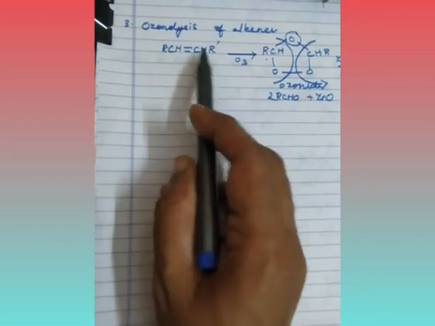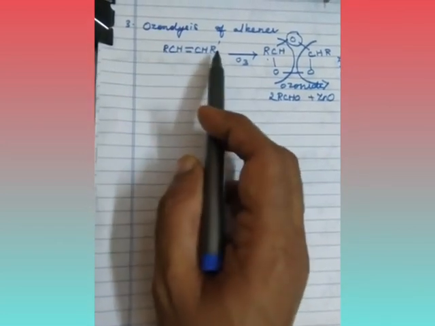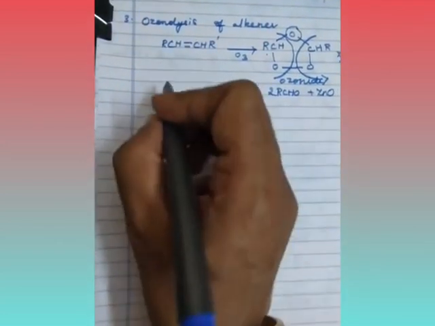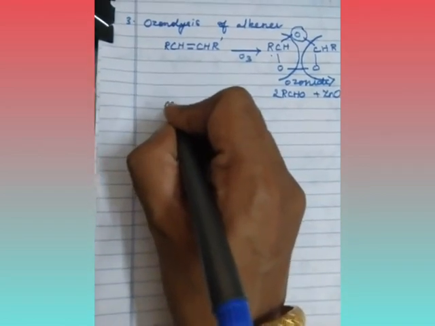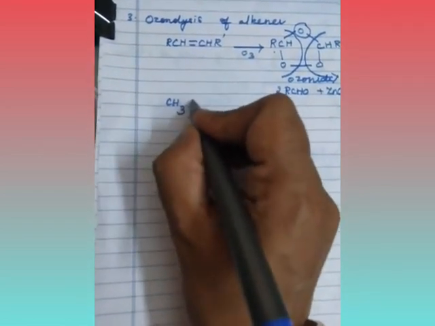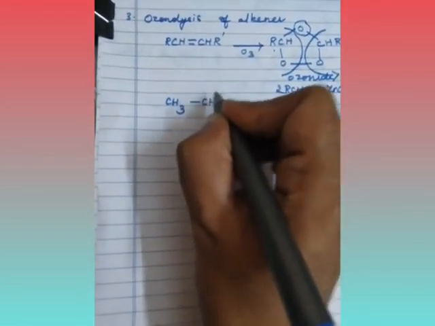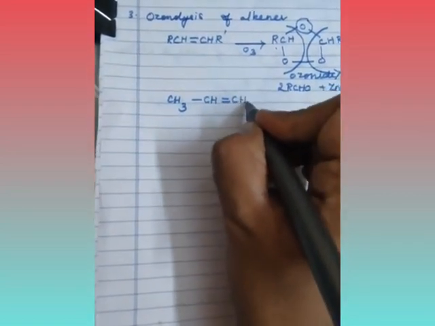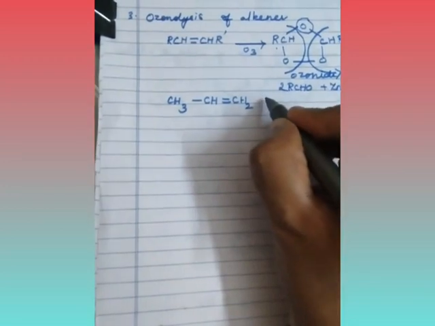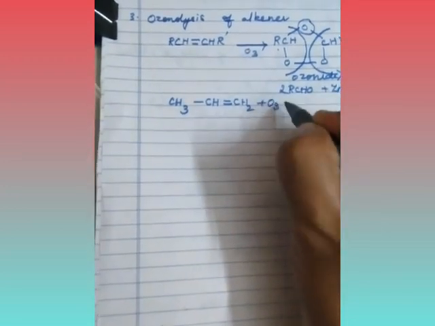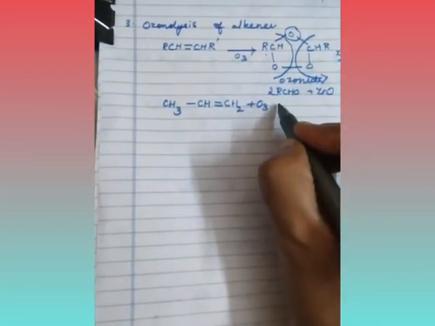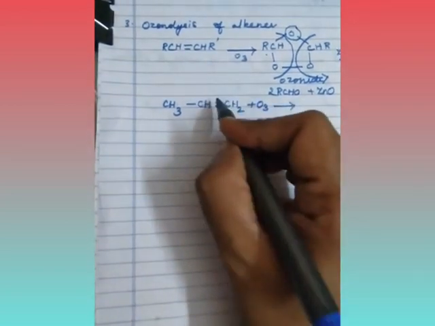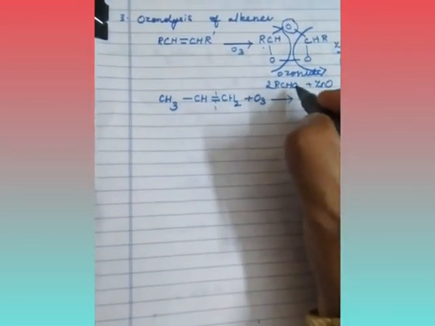Here we have both sides the same type. Suppose I have an unsymmetrical alkene, that is CH3, CH, double bond, CH, and so on, carbons 1, 2, 3, 4. If I have a compound like this and it undergoes ozonolysis, are you getting the same type of compound or not? Let us see now. Here again the bond will break.